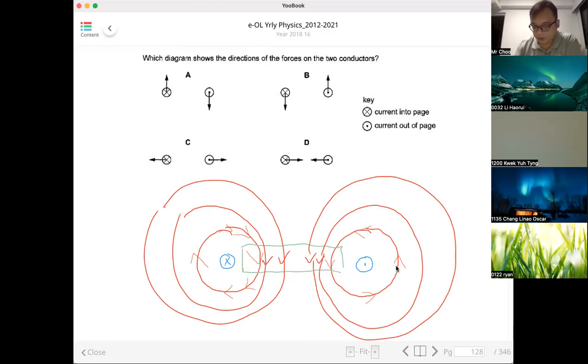So on top, you draw like this. On top is in a different direction, so you will not combine together. The same thing below: it is in a different direction, so they do not combine. Now based on these two patterns, in what direction will these two wires move? Will they come together or move away?